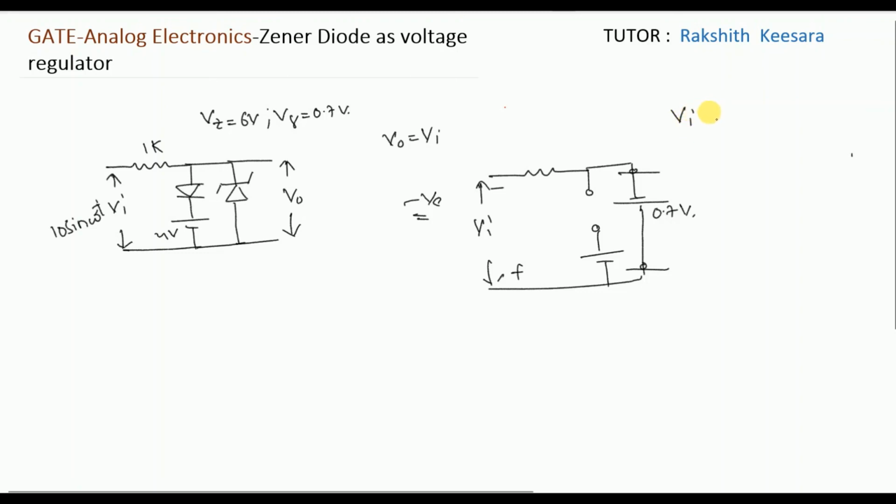So whenever V input is less than 0.7, V0 is equal to Vi. Whenever V input is greater than 0.7, V0 is limited to minus 0.7.